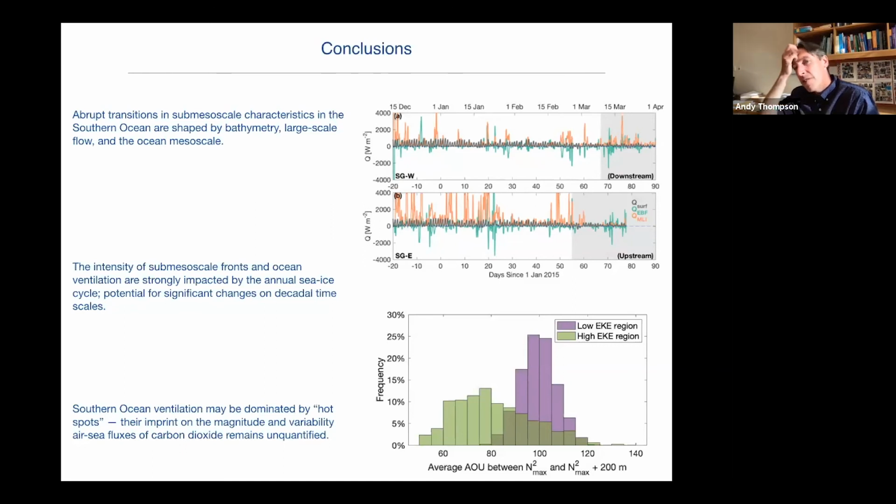Even if you have 40 meter mixed layer depths, the time scale over which a submesoscale mixed layer baroclinic instability would act would still be on the order of a couple of days. Right. And so I don't think this necessarily has a huge role on that.